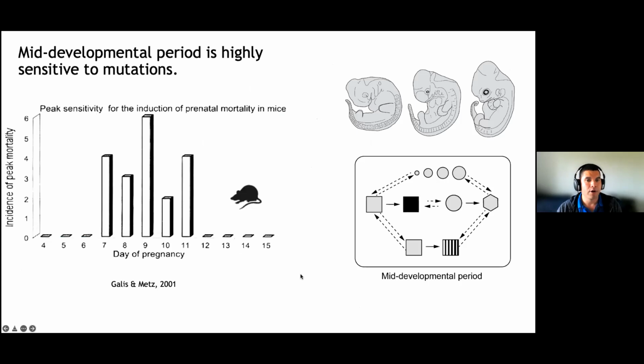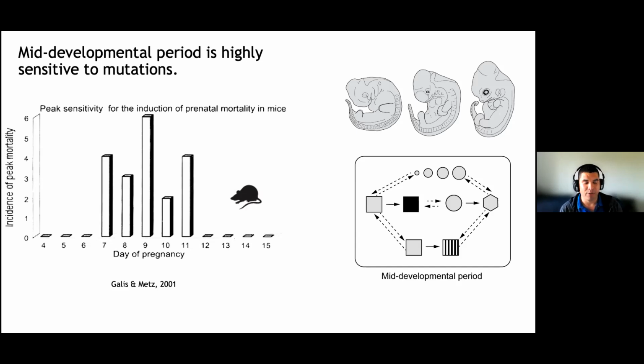Okay, so there is some experimental evidence that that mid-developmental period is highly sensitive to mutations and possibly environmental perturbation. There have been very few studies, but one that induced mutations via applying a chemical agent during development of mice showed that they observed more fetal abnormalities in embryos and fetuses during that mid-developmental period.